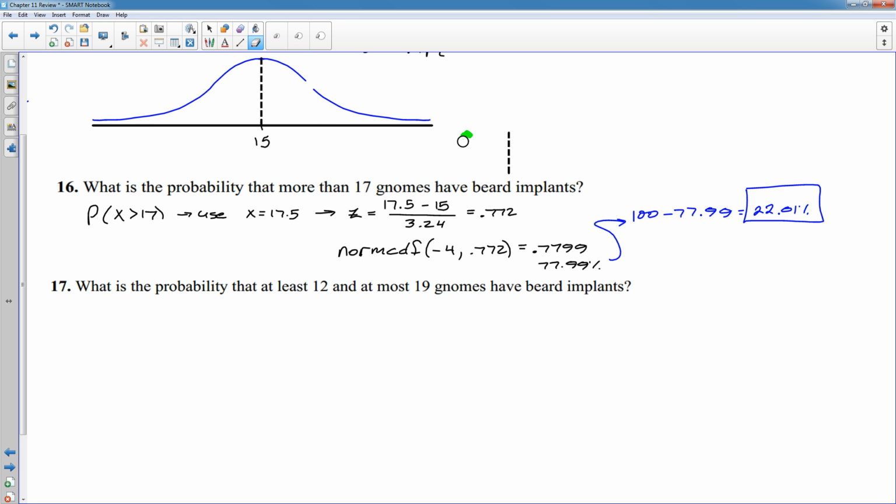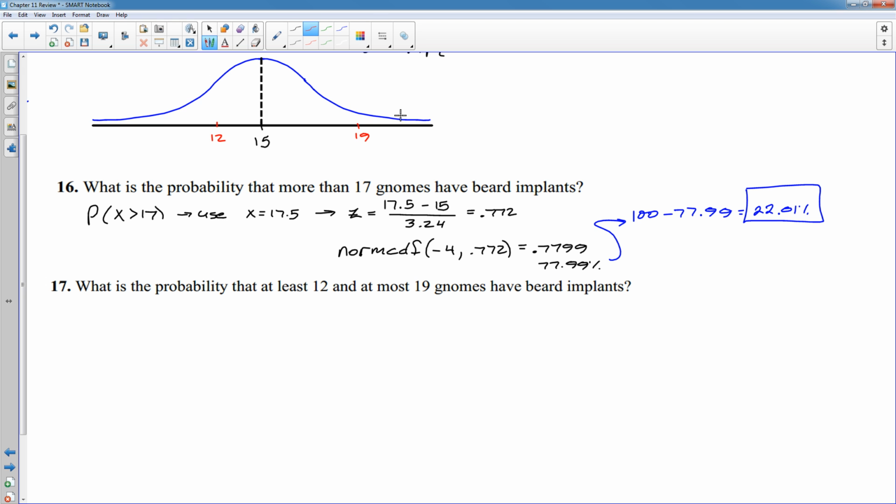Number 17 is asking, what is the probability that at least 12 and at most 19 gnomes have a beard implant? So at least 12, so I'm looking as far left as 12 and as far right as 19. And we want the percent that's between those two.